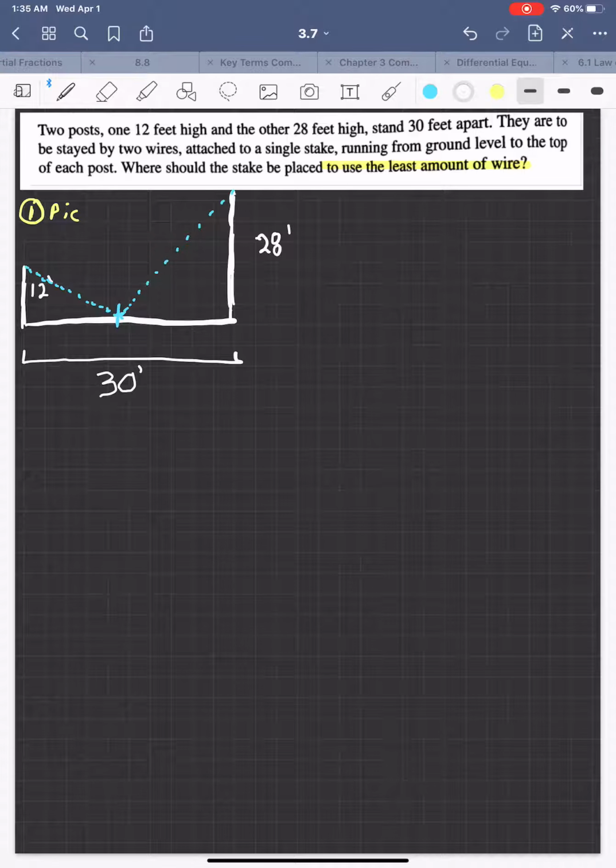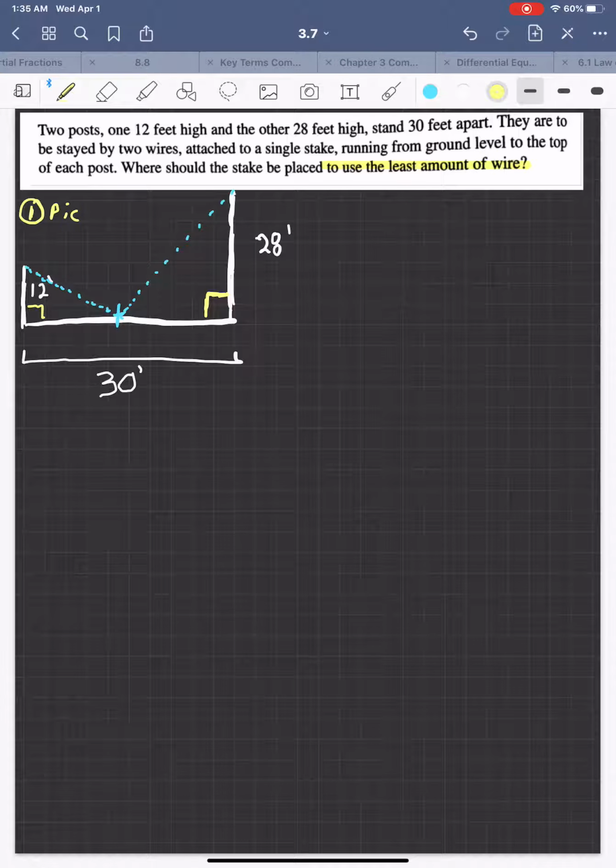Now, the way this game begins, we're going to have to do a little bit better in order to get to an equation that we can optimize. Let's start with some observations. Well, I think we can assume that these are going to form 90-degree angles with the ground.